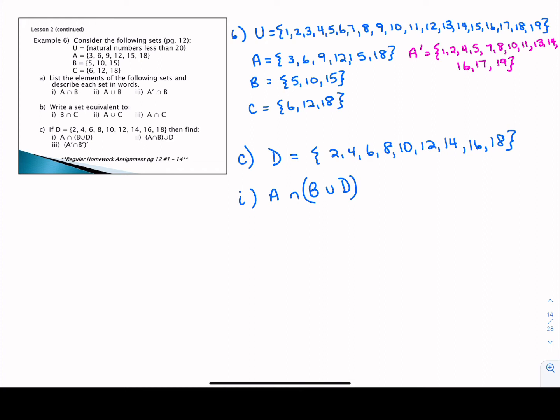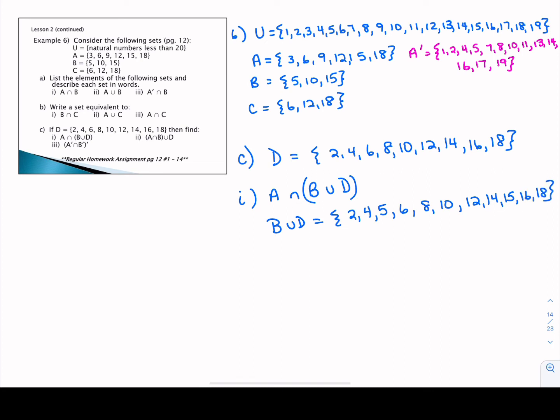The first thing I want to do is actually find B union D. Again, that's a union, so it means it could be in set B or in set D. So what would happen in this union is we would have 2, 4, 5 is in set B rather, 6, 8, 10, 12, 14, 15, 16, and 18.